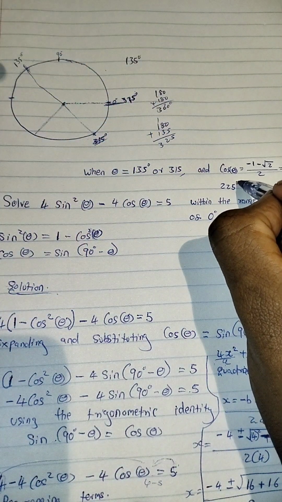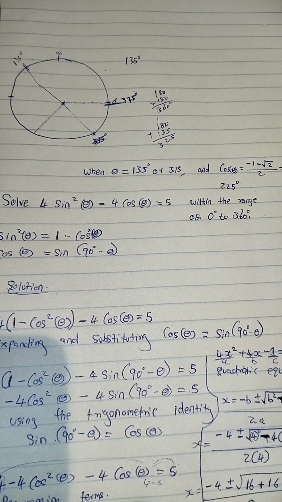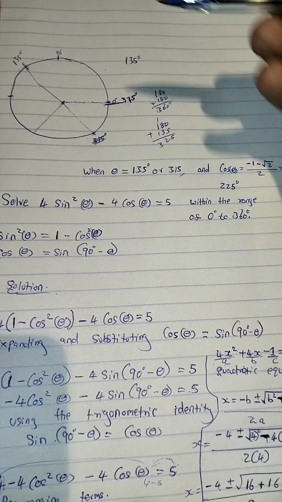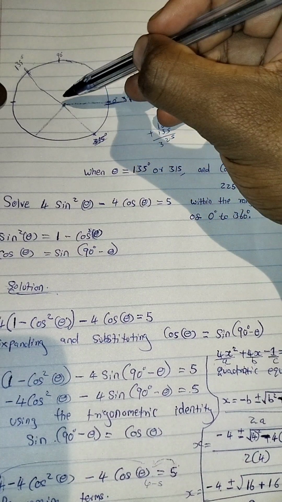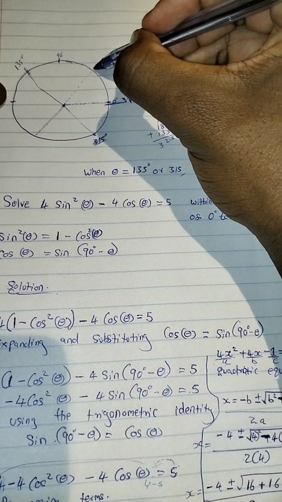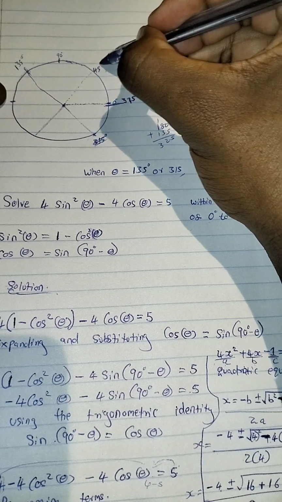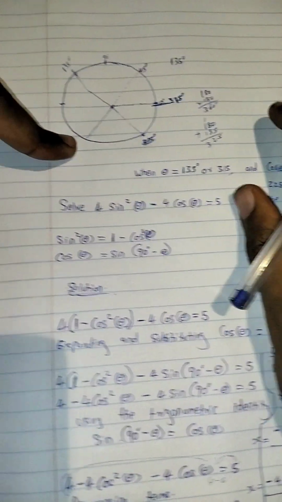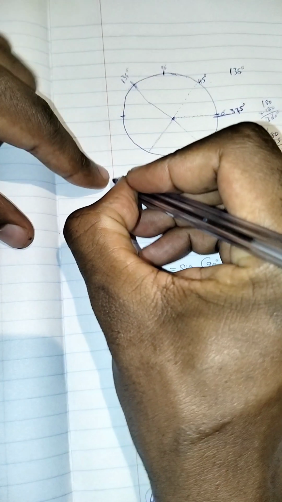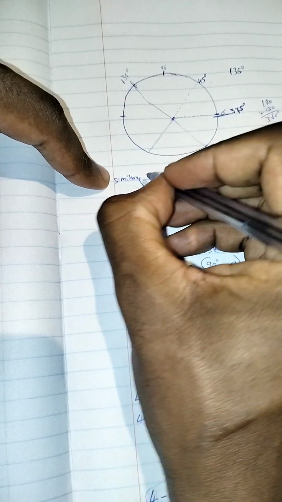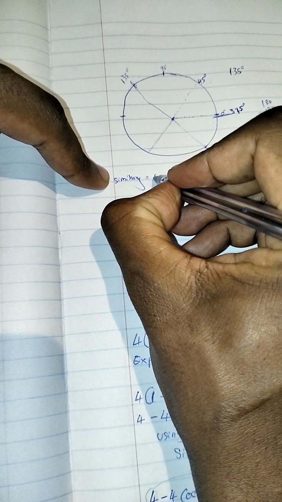225 degrees, learner. But now, as I've just tried to show you, where are we coming from? We are coming from this position here. So the first one here is going to be 45 degrees. Similarly, we have 45 degrees.